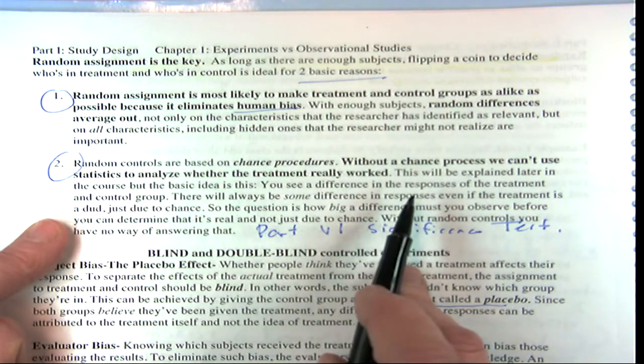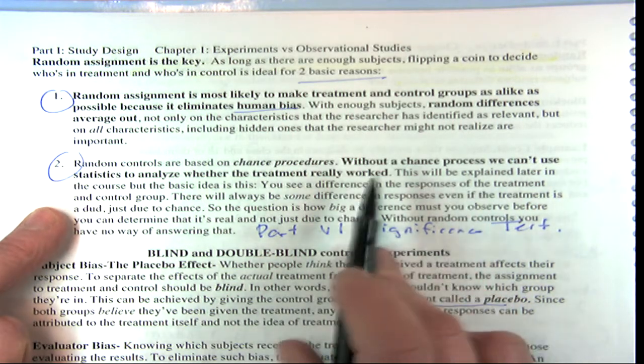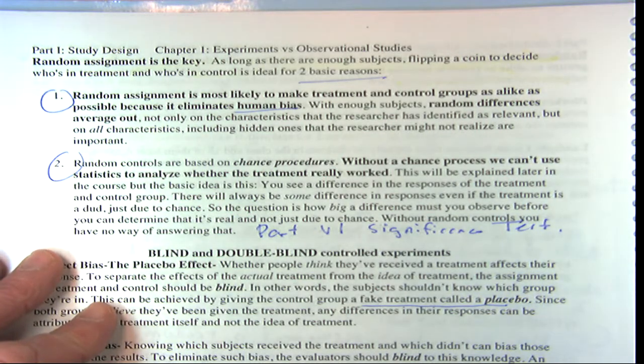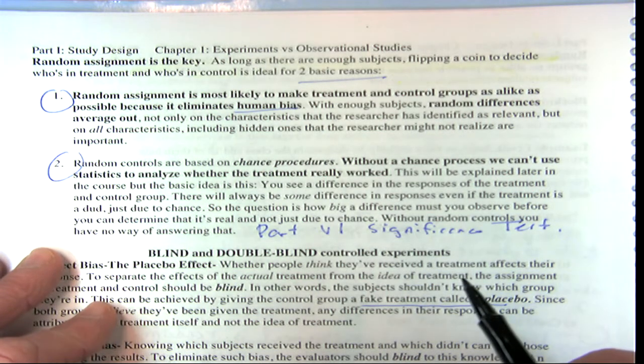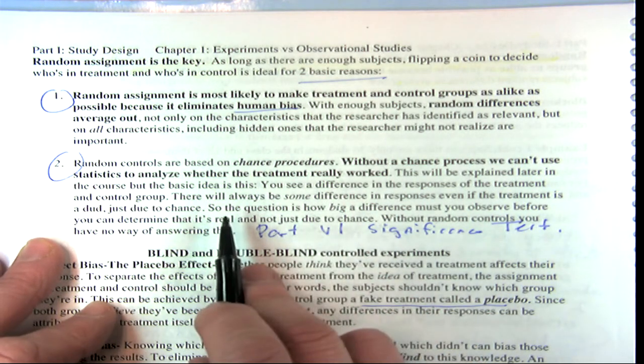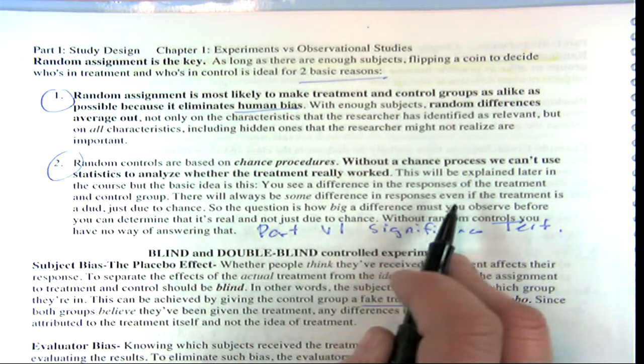But then we also said that if we translate things into a box model, a chance process, like we've been doing, then when we see some difference between the treatment and control groups, there will always be some difference.